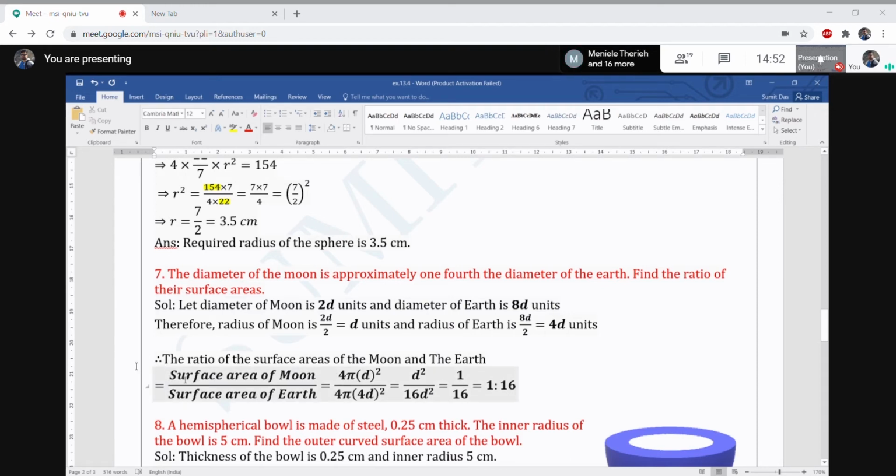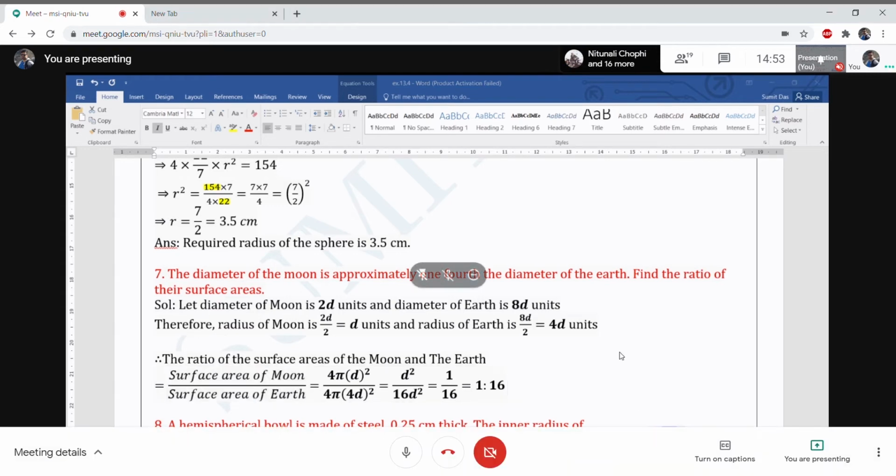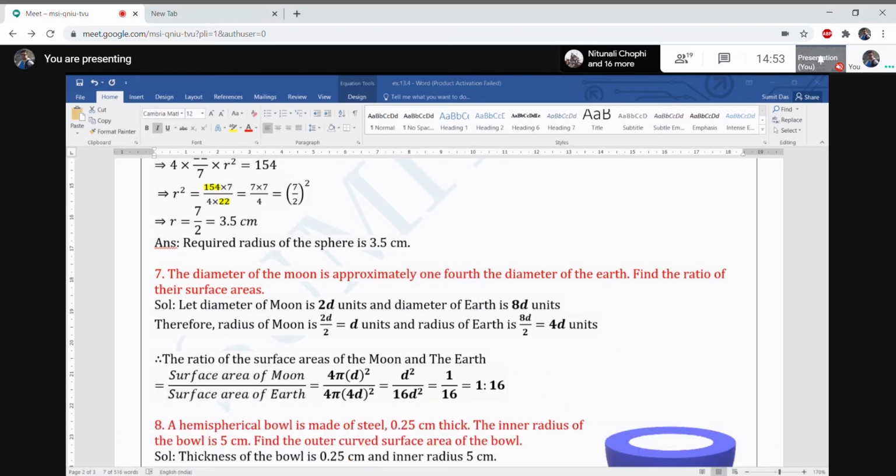So the surface area of the moon is 4 pi d square, right? And for the earth it is 4 pi into 4d square, because we got the earth's radius as 4d and the moon's radius as d. So 4 pi and 4 pi cancel.